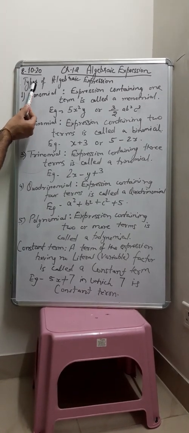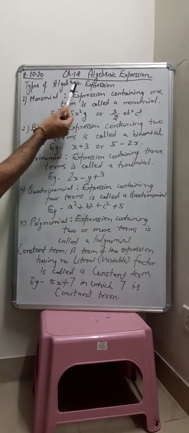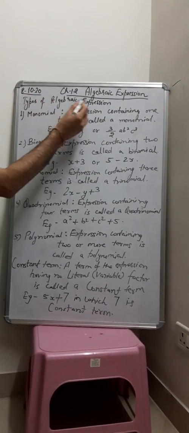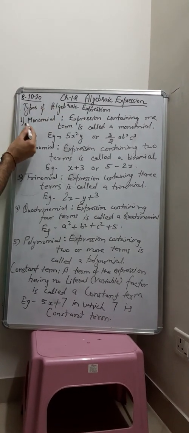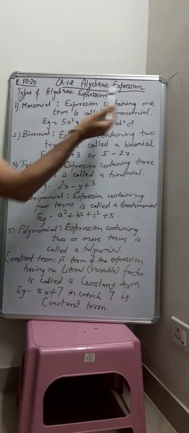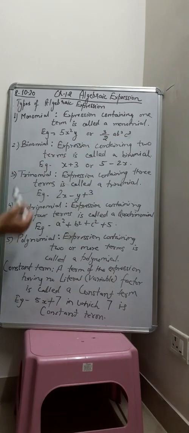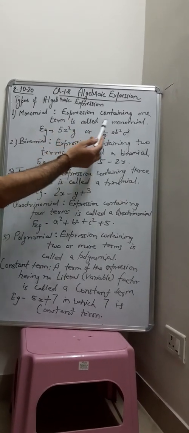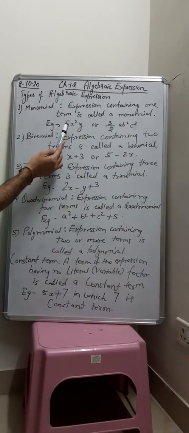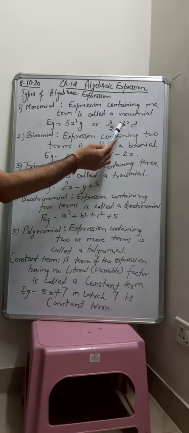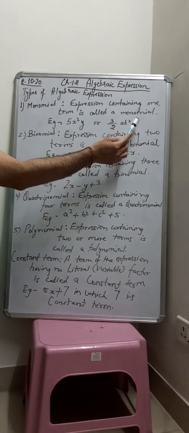Now the next is types of algebraic expression. The first is monomial. An expression containing one term is called a monomial. Examples: 5x square y or 3 upon 2 a b square c cube.